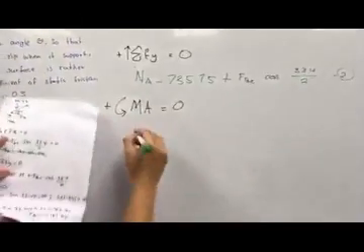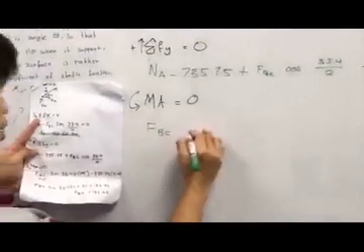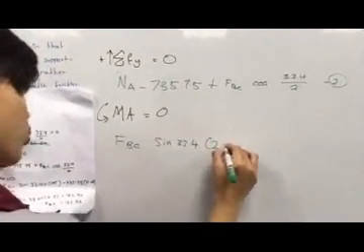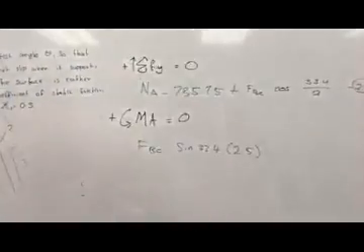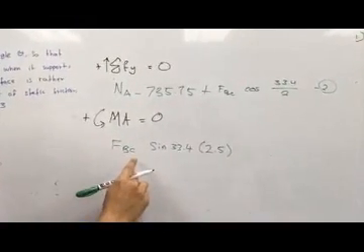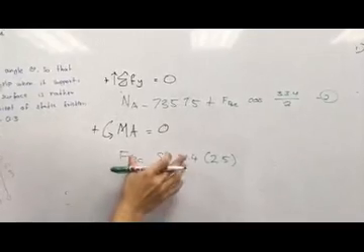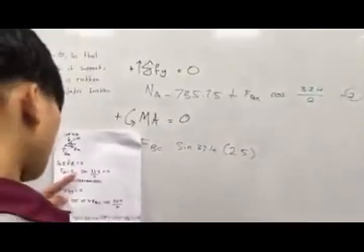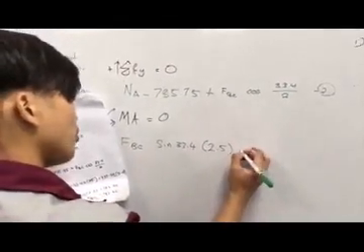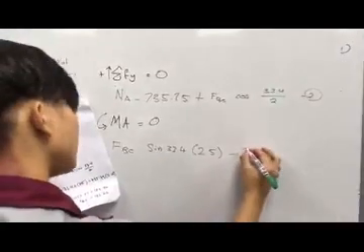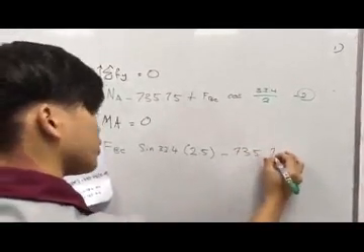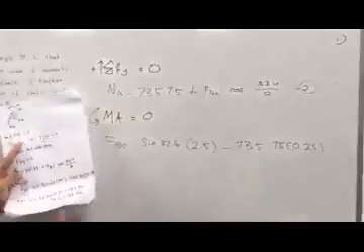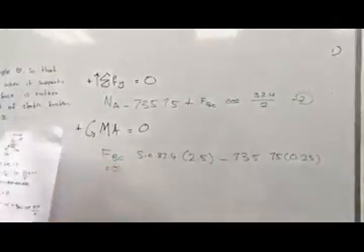So FBC sine 33.4 times 2.5, because the formula for MA is FBC sine theta times D, subtract 735.75 times the distance of 0.25 meter, equal to 0.